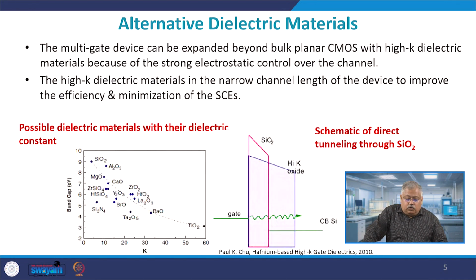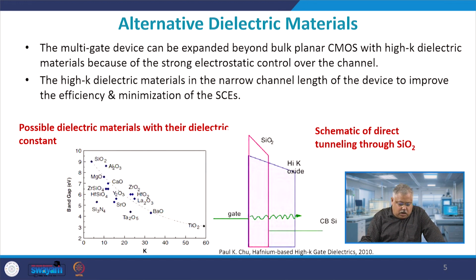As I discussed with you, the multi-gate device can now be expanded beyond the bulk CMOS with high-K material. When I say high-K material, please keep in mind that its dielectric constant is relatively high. One way of doing it is to keep a high-K dielectric material in the channel length of the device, and this will improve the efficiency of the device as well as reduce the short channel effects.